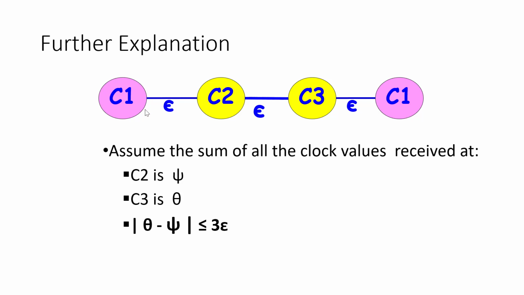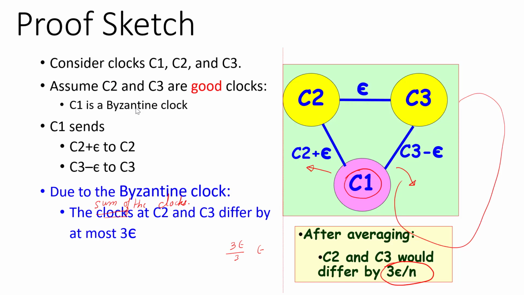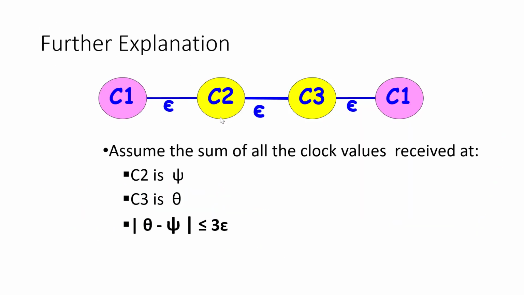So what is the explanation? The explanation is that C1 is basically saying that it is C2 plus epsilon, and then there is again an epsilon difference between C2 and C3, and again an epsilon difference between C3 and C1.